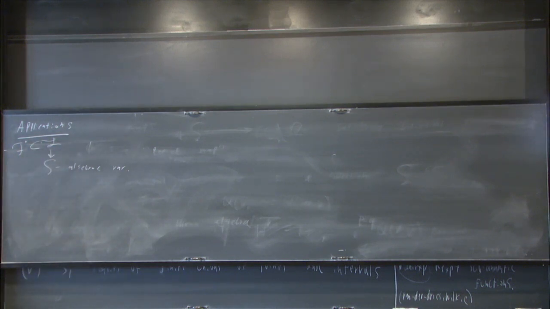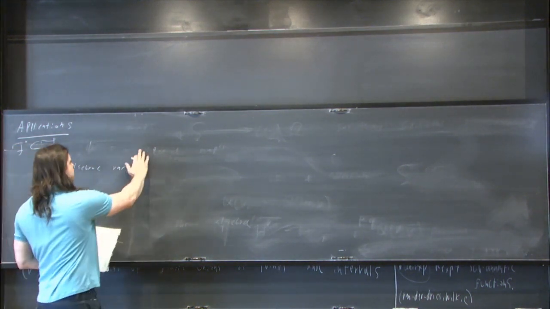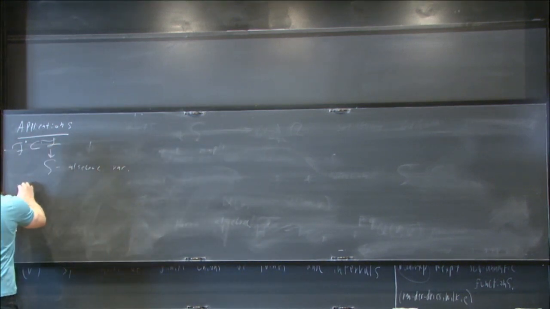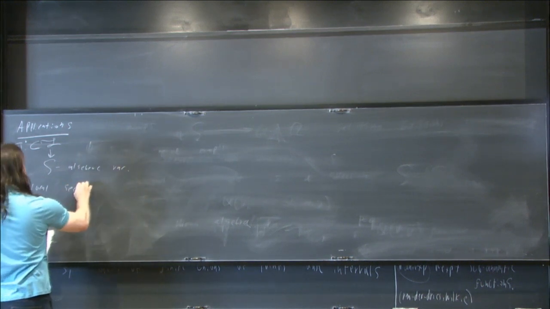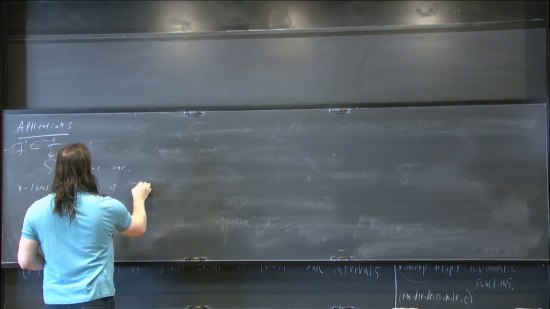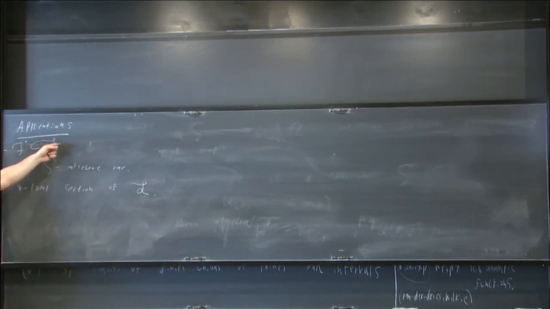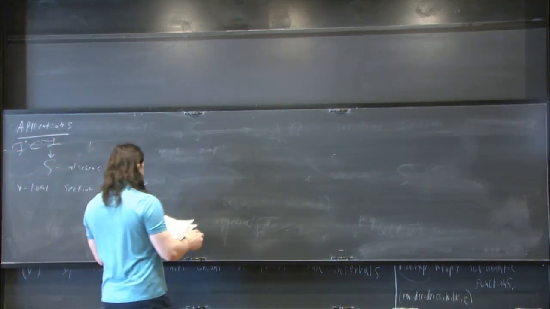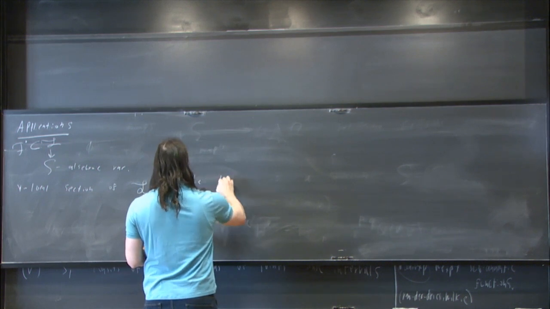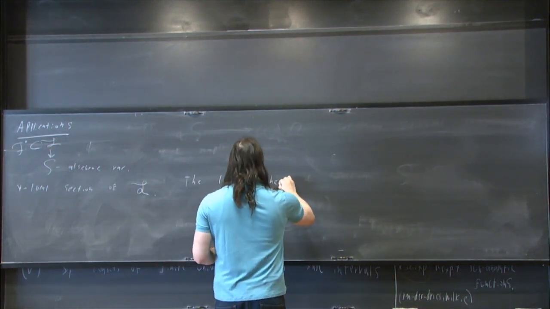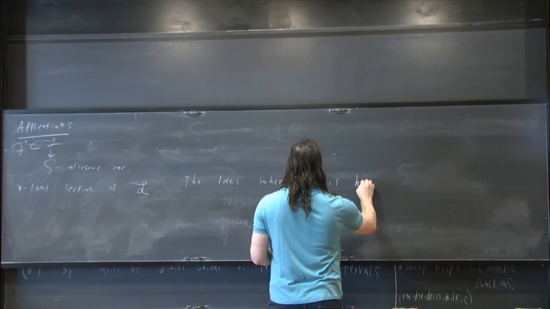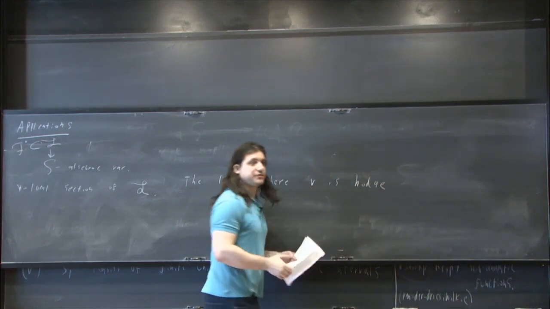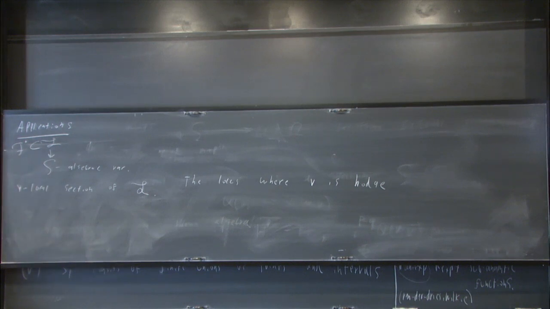So you have some Hodge filtration here. And now take V to be some local section of L. So there's monodromy, so you can't take an actual global integral section, but you can take a local section over an open disk or something. And then you can look at the locus where V is Hodge, so where V is inside the middle Hodge piece, the pure piece.